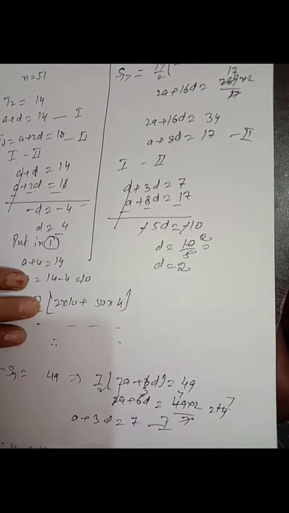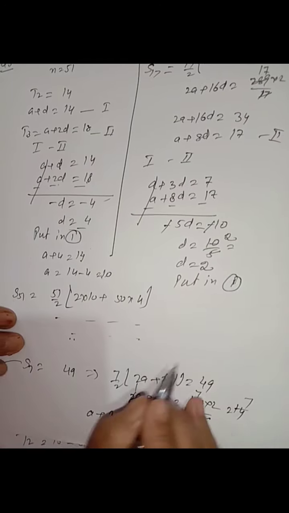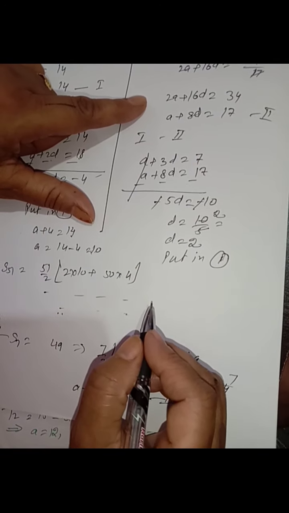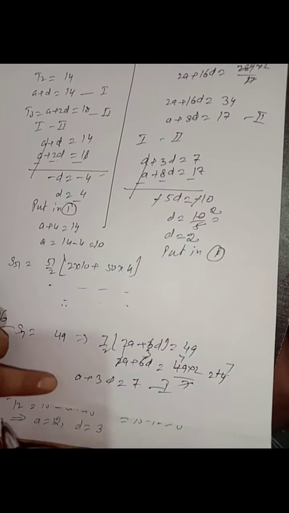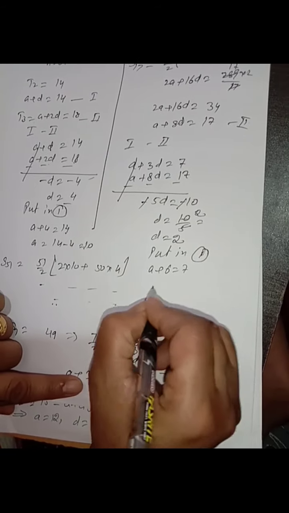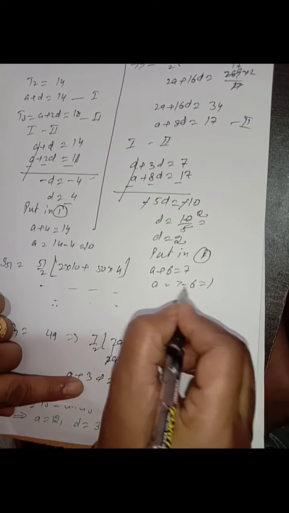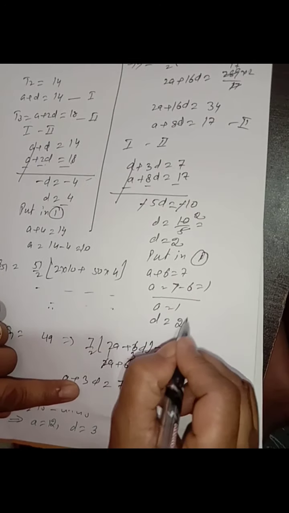So d beta is equal to 2. Now again put it in equation 1 and find the value of a: a plus 3d, so a plus 3 twos are 6, equals 7, so a is 7 minus 6 which is 1. So a is 1, d is 2.